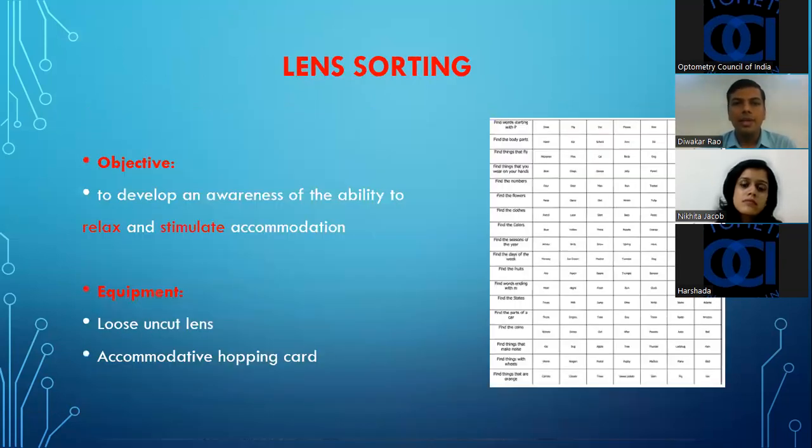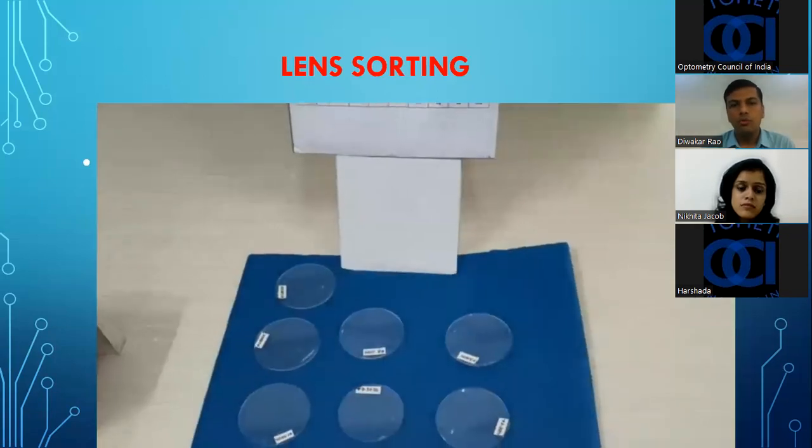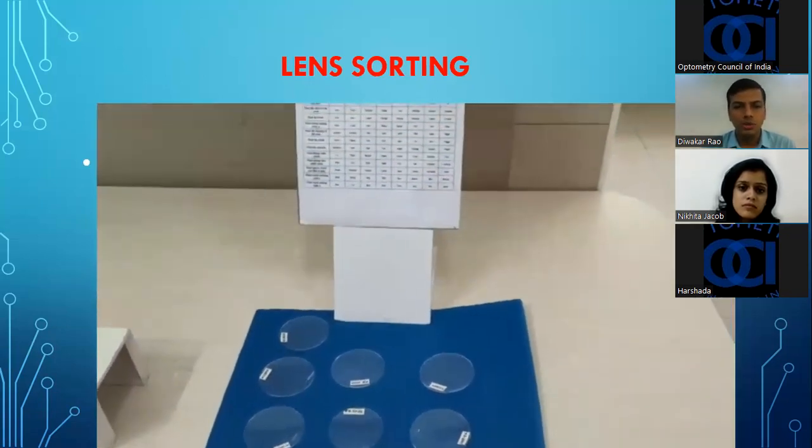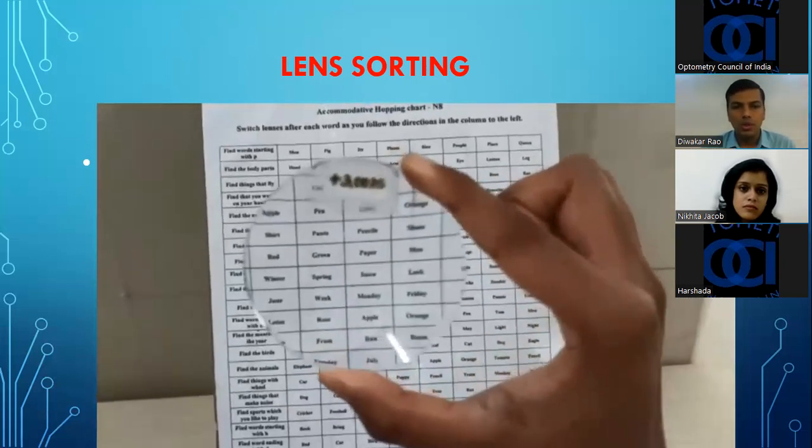Then we can use lens sorting. This is to relax and also stimulate the accommodation. The equipment needed is uncut lenses of plus and minus, and an accommodative hopping card. So how does this work? You have lenses kept in different dioptric bars, and you ask the patient to look through those lenses.